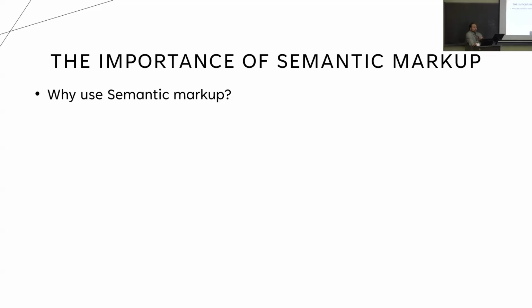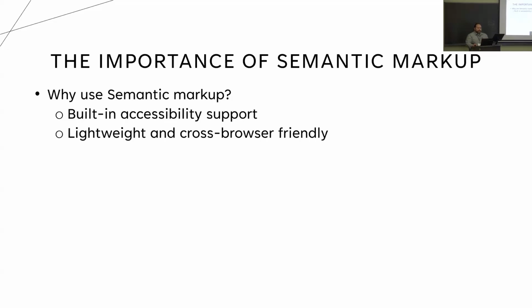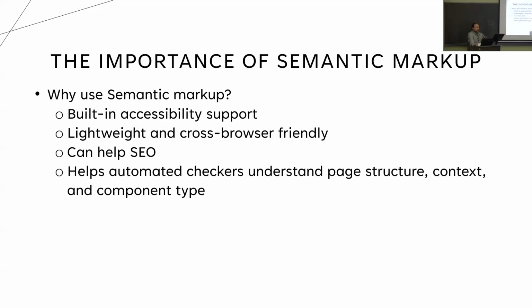But I'm trying to make my case for always using the semantic markup whenever possible. It has built-in accessibility support that you get for free. It's lightweight, cross-browser friendly. Again, it can help with SEO because it lets the crawlers know what content is supposed to be in there, how it's supposed to behave.